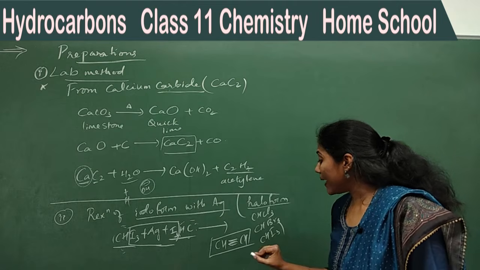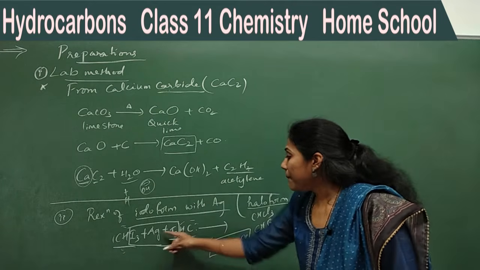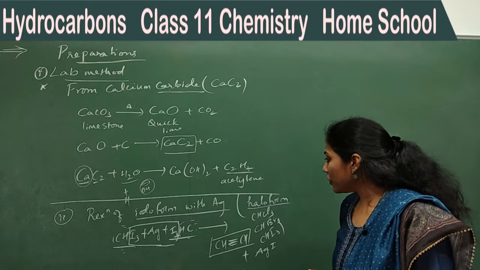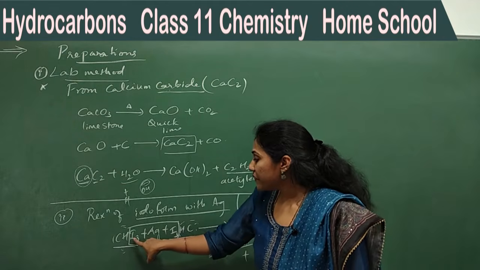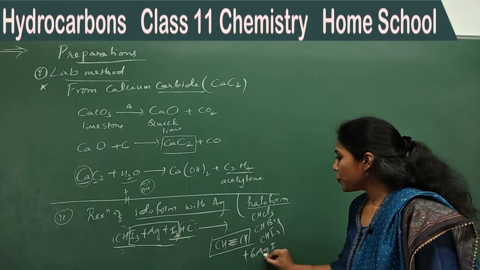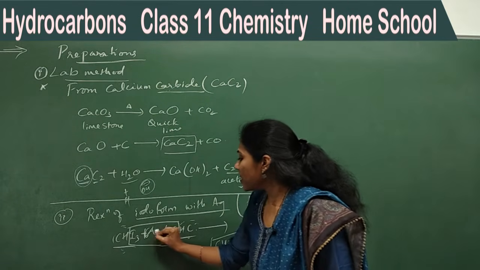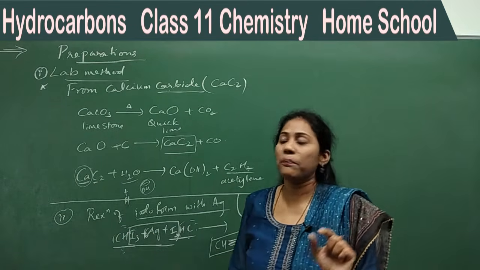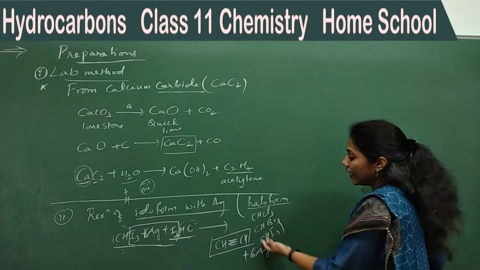Plus, what is the byproduct that you get here? The byproduct is AgI. How many molecules of AgI? See, 3 iodines here, 3 iodines here, so altogether 6. So 6 Ag atoms are combining with 2 molecules of iodoform, or for that matter any haloform.